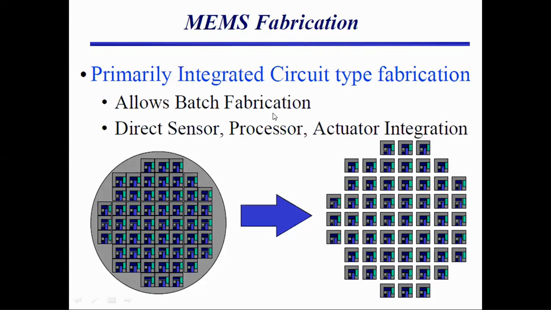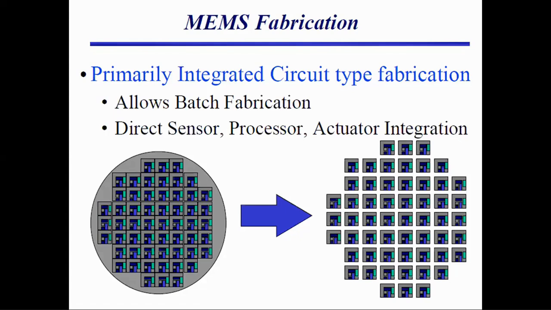Batch fabrication means that on a single wafer, we produce thousands of tiny devices in a single run.